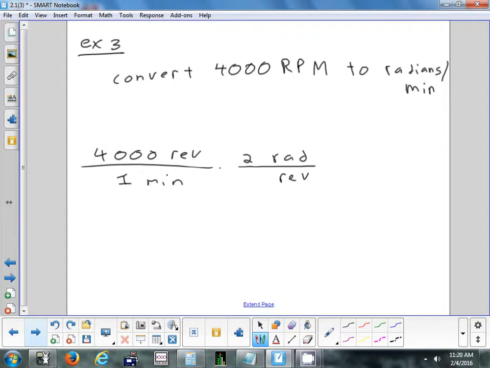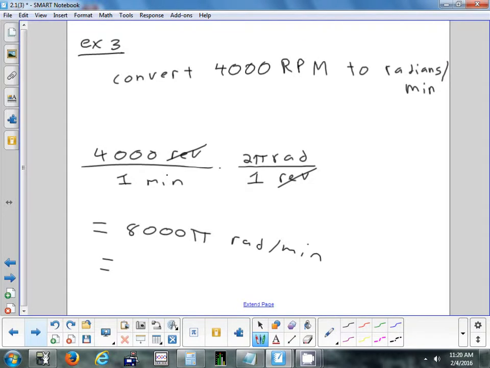Yep, so that's a conversion you need to know. There's 2 pi radians in one revolution. Now just multiply it out. We have 4,000 times 2, that's 8,000 pi radians per minute.